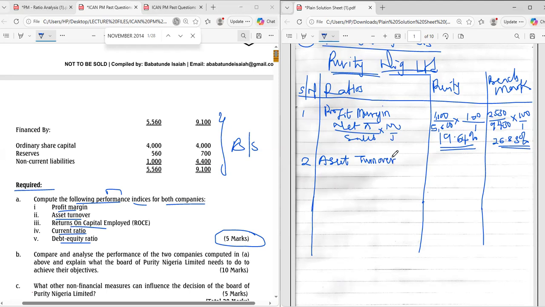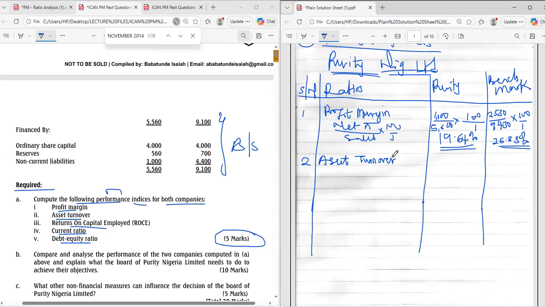He has more revenue. He was able to generate more revenue, and also he was able to manage his cost. So the profit to sales is high. They make more profit compared to their cost of sales.